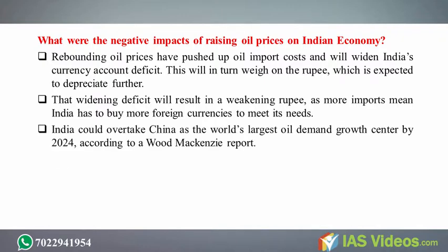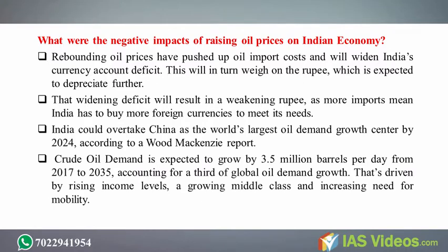India could overtake China as the world's largest oil demand growth center by 2024, according to the Wood Mackenzie report. Crude oil demand is expected to grow by 3.5 million barrels per day from 2017 to 2035, accounting for a third of global oil demand growth. That's driven by rising income levels, a growing middle class, and increasing need for mobility.